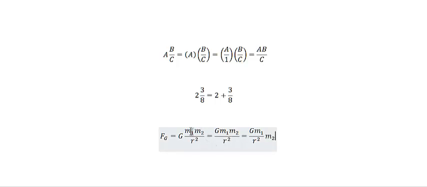The reason we do is because this m1 times m2 over r squared, there's something kind of pretty about that, something geometrical about that, and I could give you a big, long, and probably boring story about why it's beautiful for it to be written that way, but I'm not going to worry about that right now. Just know that I usually write it this way. But if you want to write it this way, that way, there is nothing wrong with that.